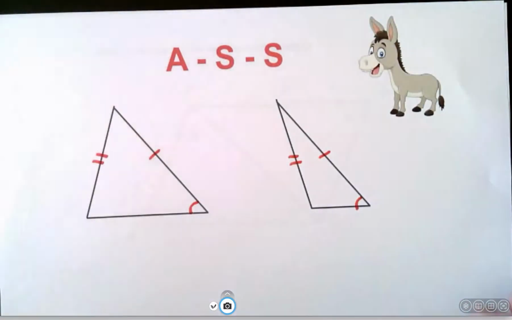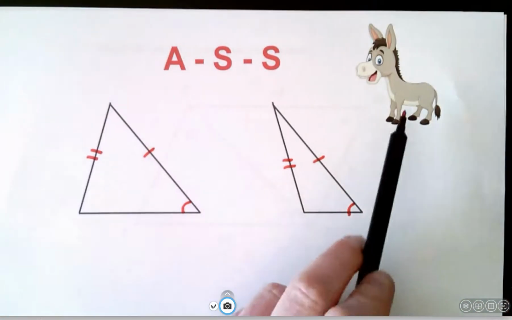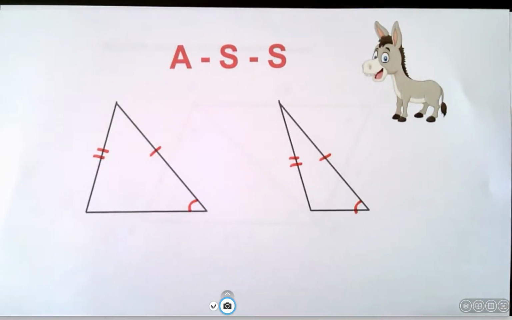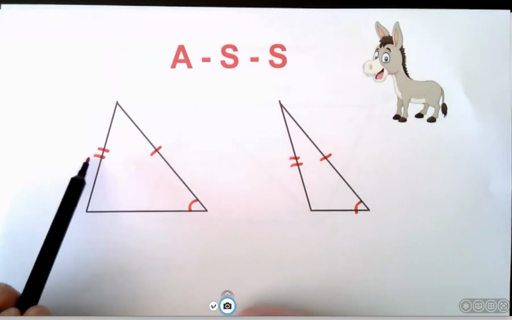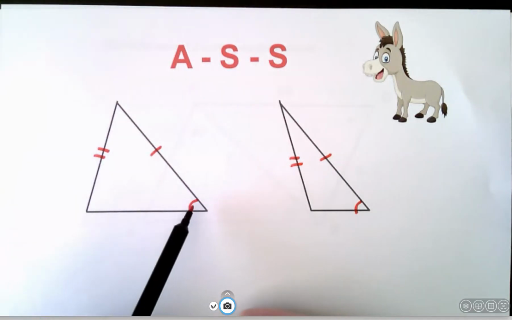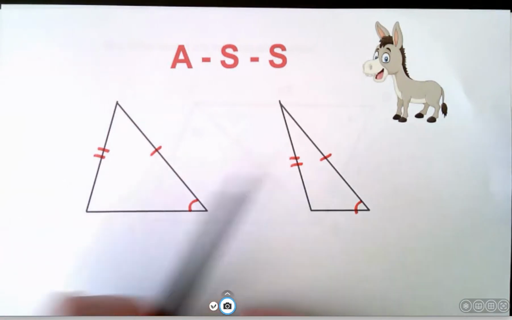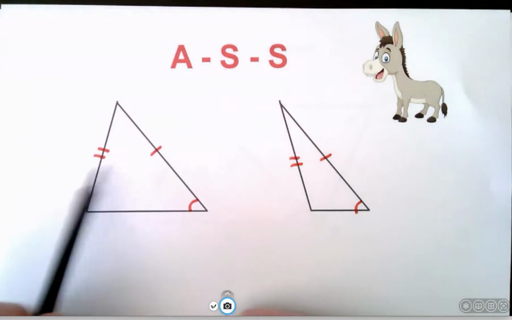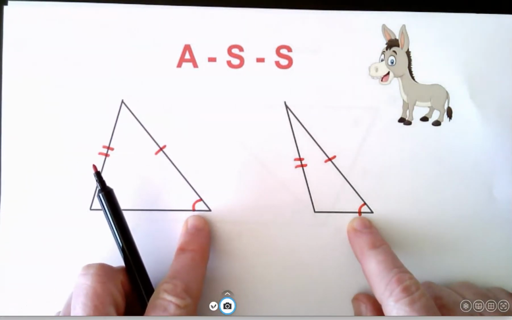All right, I often get asked about this one, ASS. Okay, I have a little picture of a donkey there. You can figure out why. If I have two sides and an angle that is not between them, just opposite those sides, these have the same sides, right? This angle is exactly the same, okay?